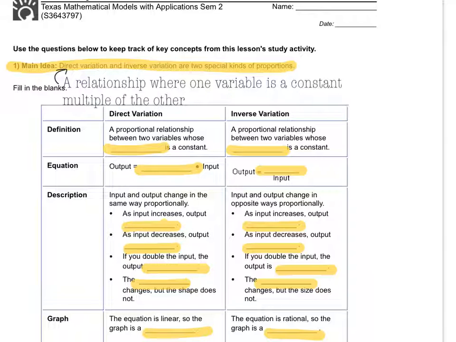Now, for an inverse variation, I'm going to type this one up at the top. An inverse variation is nothing more than a relationship in which quantities change inversely.